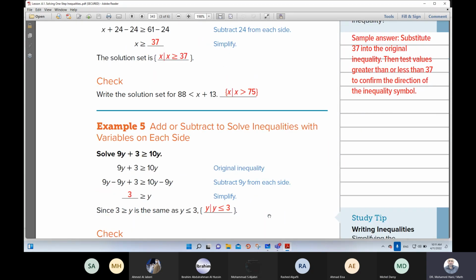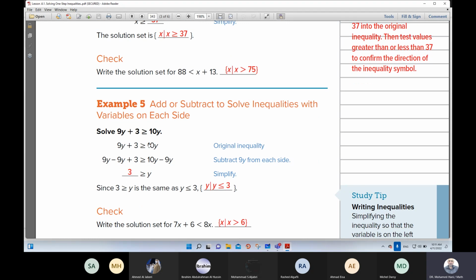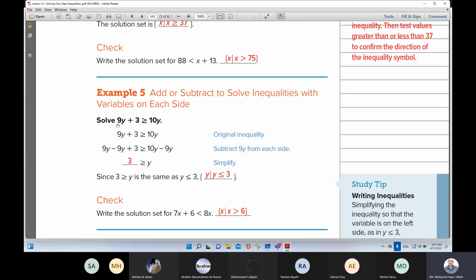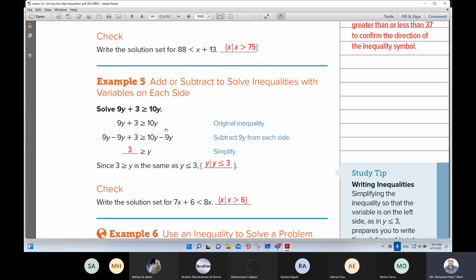Here the same idea. We have 9y plus 3 greater than or equal 10y. To solve this inequality, try to keep y alone in this side or in this side, the same idea, because here you have y and here you have y.